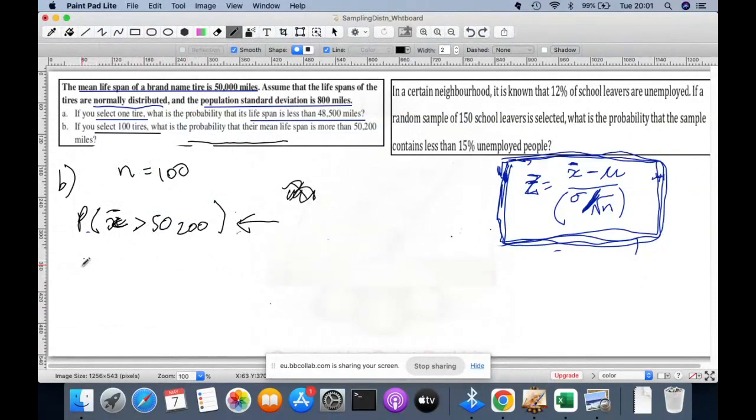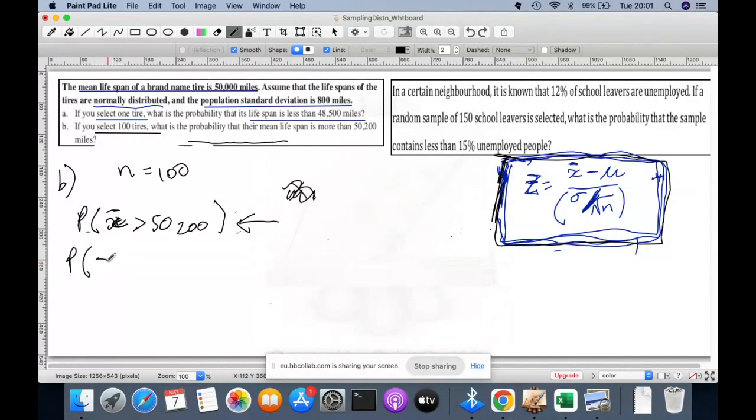And now we'll solve this. How we solve this is we're going to use this conversion to go to Z. This is learning unit 6. So if I want to convert this to Z, it's going to be the probability.